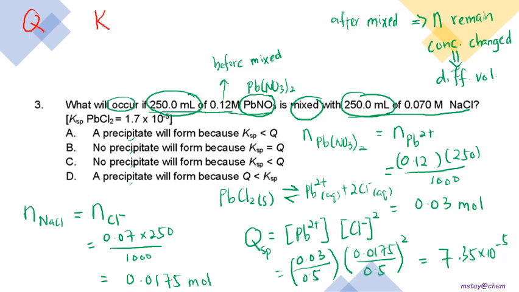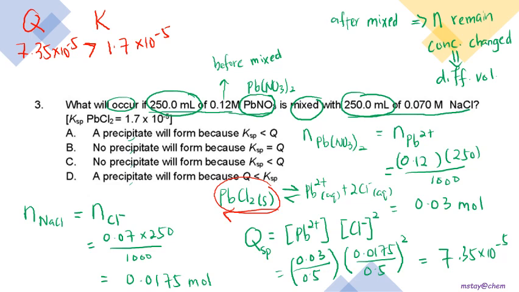Now we need to compare the Q value and the K value as we do normally. 7.35 times 10 to the negative 5, and the given value is 1.7 times 10 to the negative 5. So the Q value is larger. If the Q value is larger, the system will shift to the left, which will produce PbCl2.